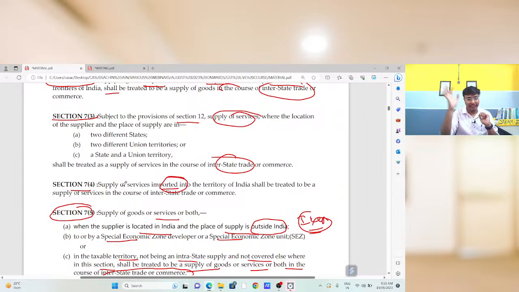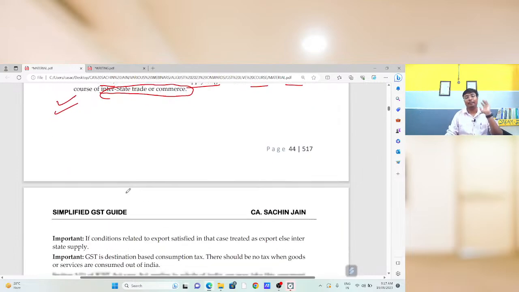Special economic zone, interstate supply. Import of goods, interstate supply. Export of goods, interstate supply. Whenever I make a supply to a tourist, that will also be covered under interstate supply. And in case of intrastate supply, whenever I make a supply within the state, that supply is to be treated as intrastate supply.